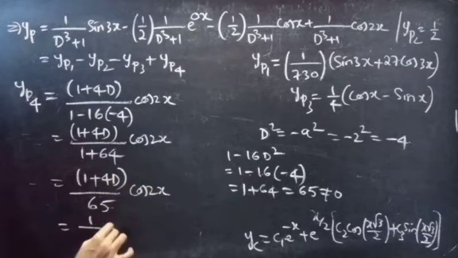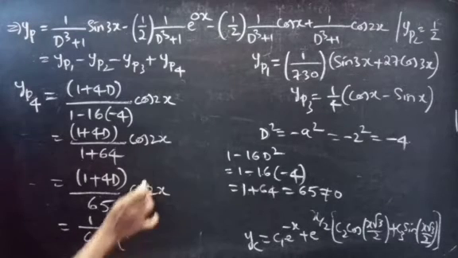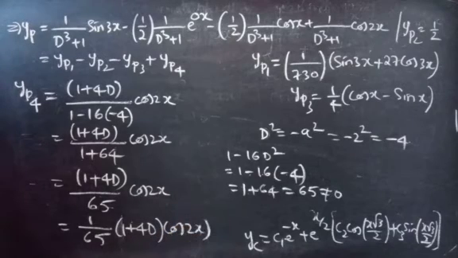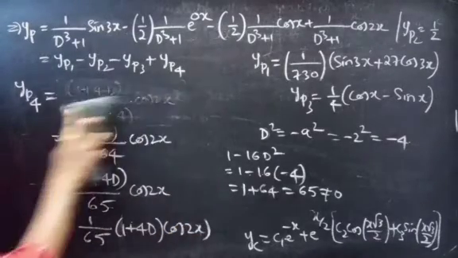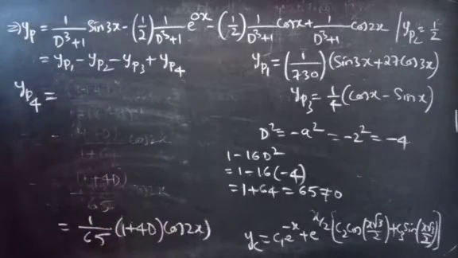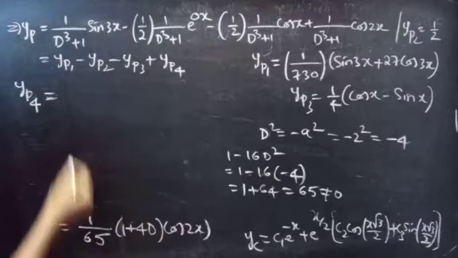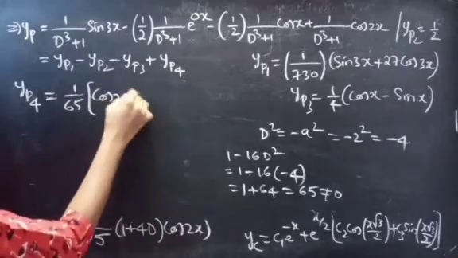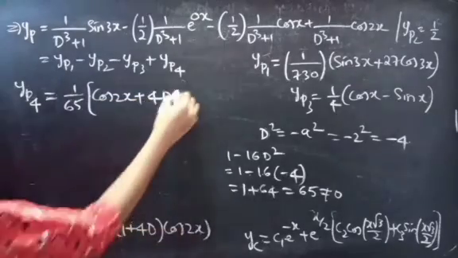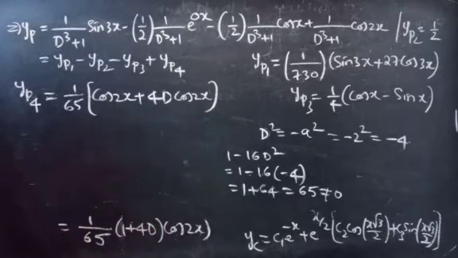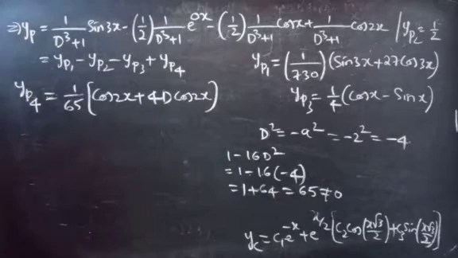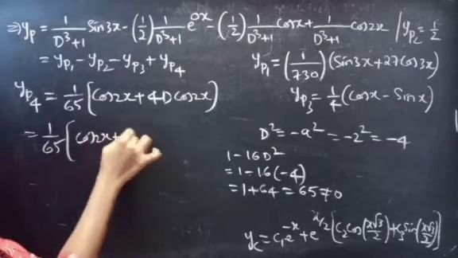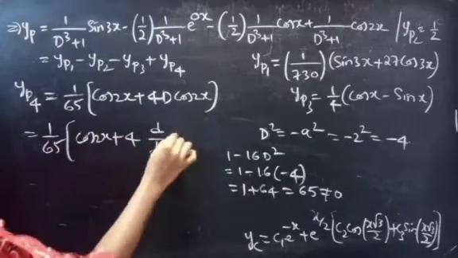Again, you can write this as 1 by 65 into 1 plus 4d into cos 2x. This becomes 1 by 65 into 1 into cos 2x is cos 2x plus 4d cos 2x. We know that d is a differential operator. Then replace d by d by dx into cos 2x.